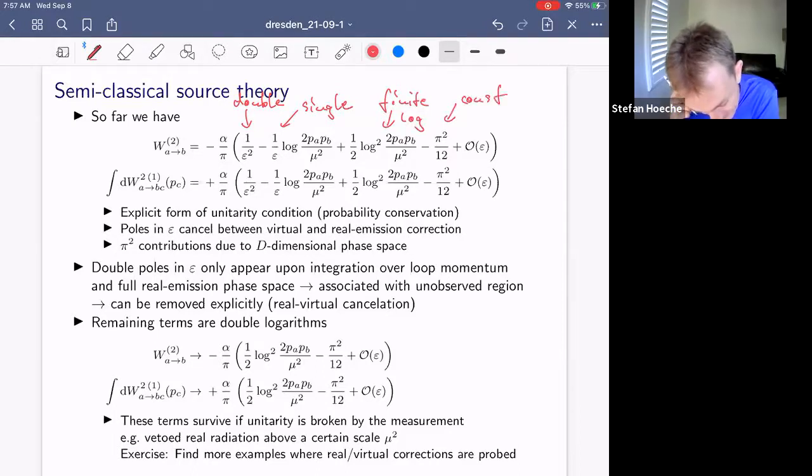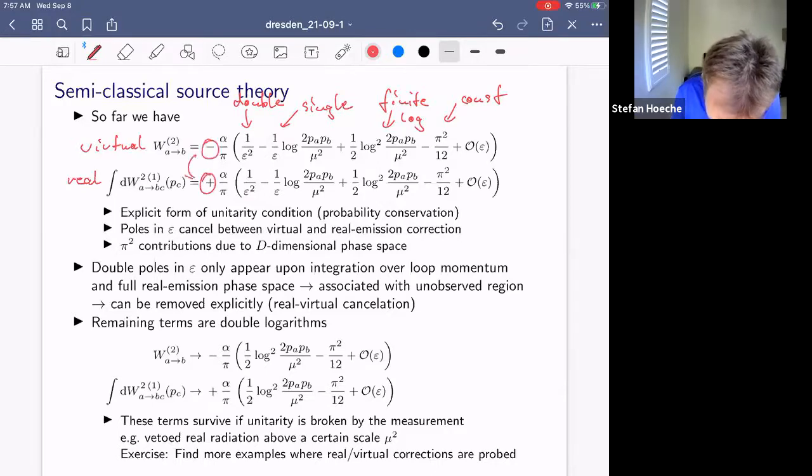They are exactly the same between the virtual and the real corrections. They only differ in sign. This is a manifestation of the KLN theorem. So you see the first explicit result of the KLN theorem here. That's the real-virtual cancellation that everybody is talking about.